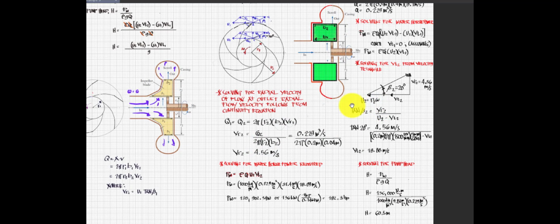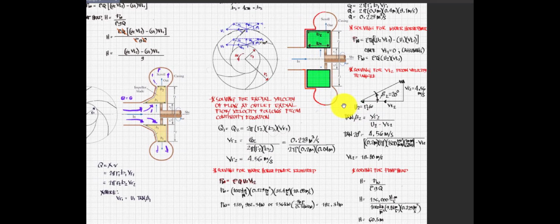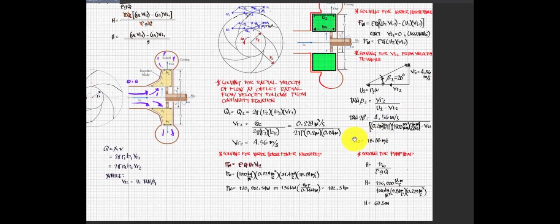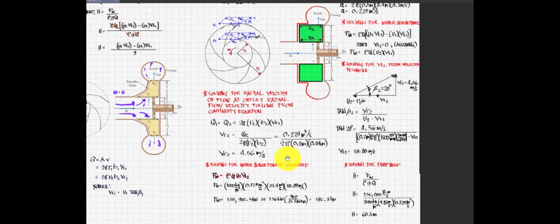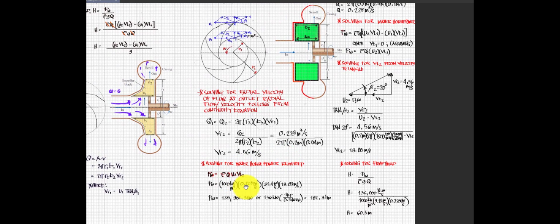Then substituting in the equation ng nito. Okay? So, para makuha natin ang tangential velocity of the fluid flow at the outlet. So, from there, we were able to solve Vt2. So, we have now the value. Now, going back for the water horsepower, okay? So, we have here able to compute.